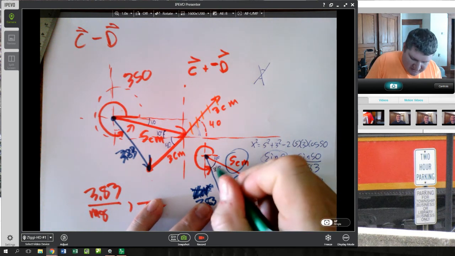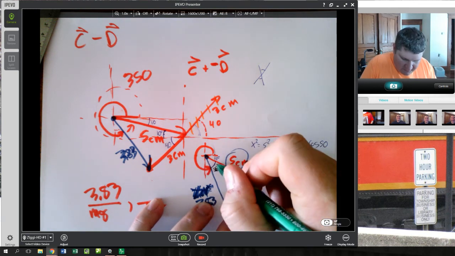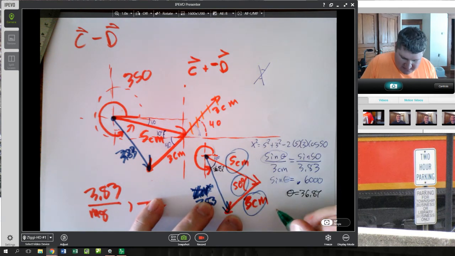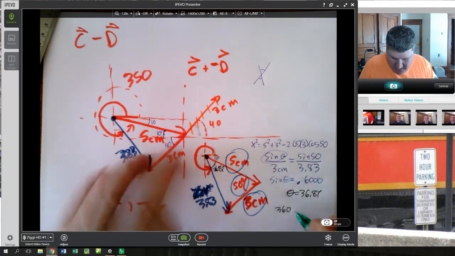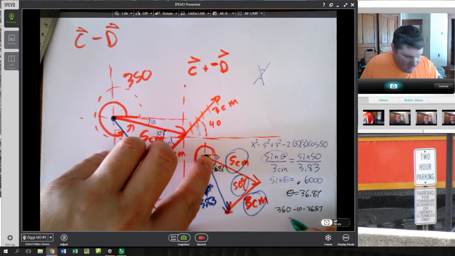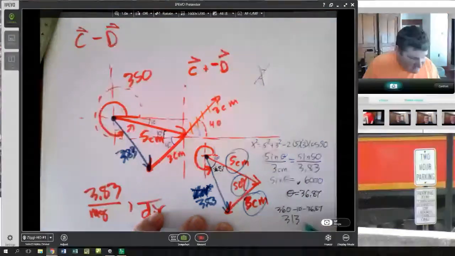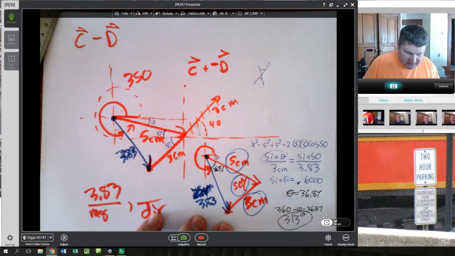So if this is 36.87, we know that if the whole thing is 360, I can take 360 minus the 46.87 that I don't need, and that gives me 313 degrees.